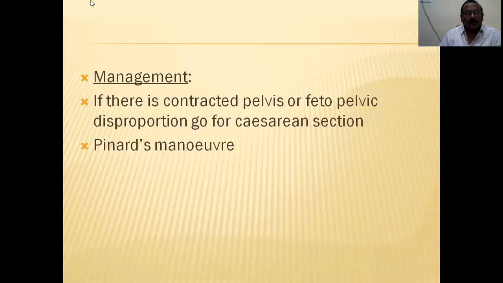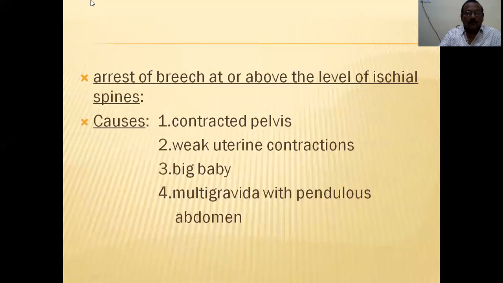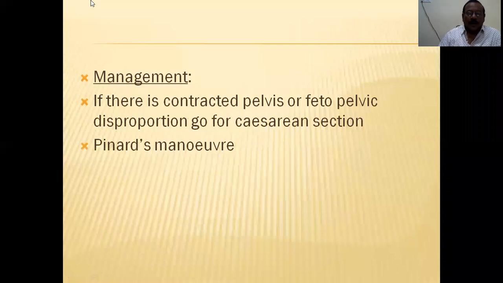Otherwise, you can try Pinard's maneuver to get the breech above the level of the ischial spine. You can catch hold of the feet of the baby and flex at the knee. Bring one leg, later you can bring the other leg by the same maneuver. That's called Pinard's maneuver.